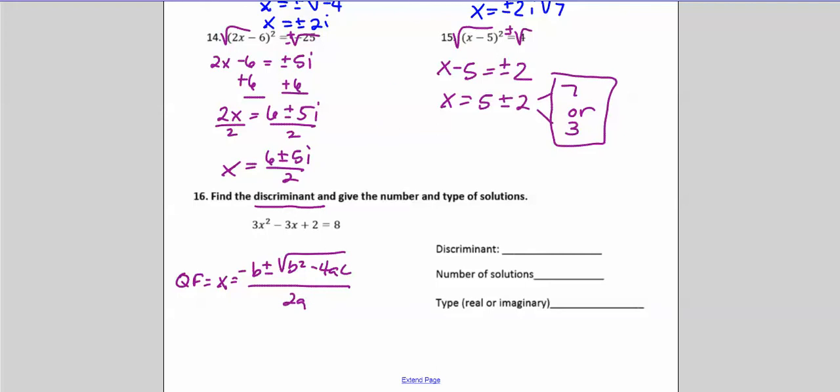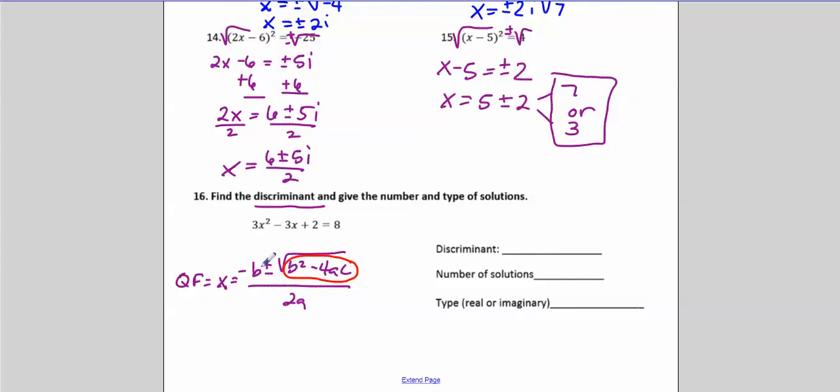So the discriminant is the part that's underneath the square root, not including the square root, just the b squared minus 4ac. So the discriminant is going to tell you if your solutions are real or imaginary, because if this is negative, it's going to give you an i, and that will give you your complex or imaginary roots. And if it's positive, it's going to give you your 2 real roots, and sometimes it happens to be 0.